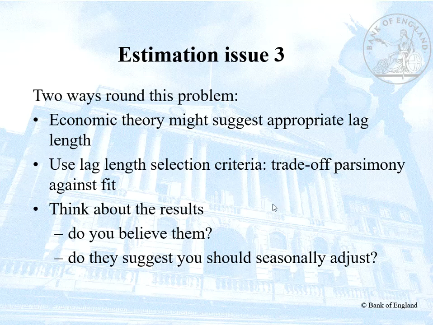But do you believe in them? And do they suggest you should seasonally adjust? They cannot tell you whether there's seasonality in the variable, although you still have some tests for seasonality. But the lag selection criteria cannot tell you anything about the seasonality.